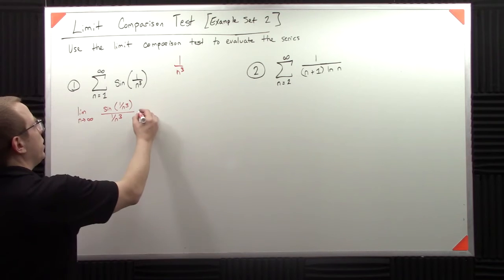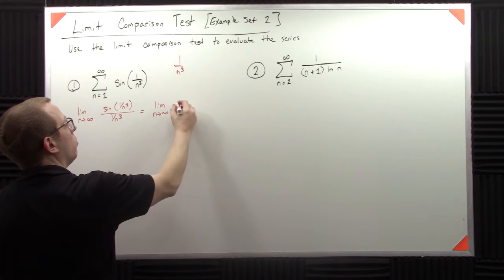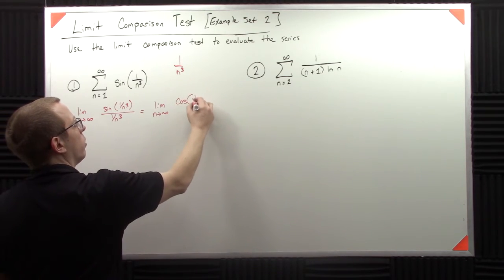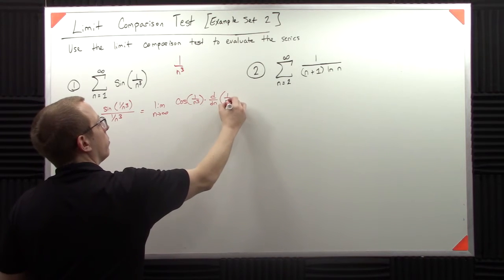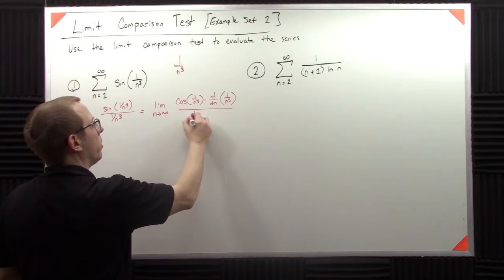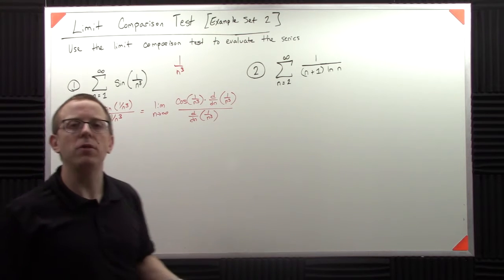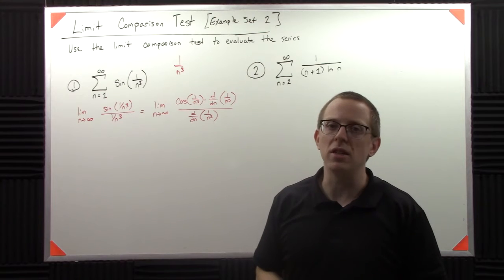So what we have to do is take the derivative of the top and the derivative of the bottom. The derivative of the top is cosine of 1 over n cubed times the derivative of 1 over n cubed. And on the bottom, we're taking the derivative of 1 over n cubed. We really don't have to take those derivatives because we know those two things are going to be the same.